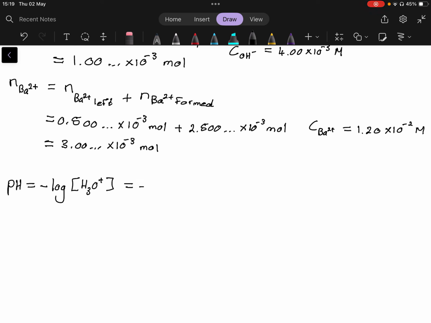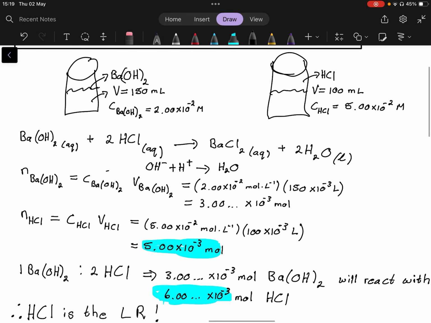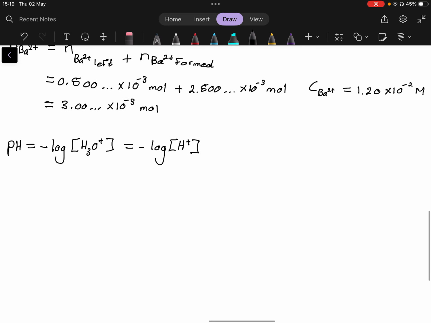Or minus the log of the concentration of H plus. But the question here is: is there any H plus left that you know of? No. All the hydrogen chloride has reacted. So there's only OH minus actually left. So how can we use that information to calculate the pH?